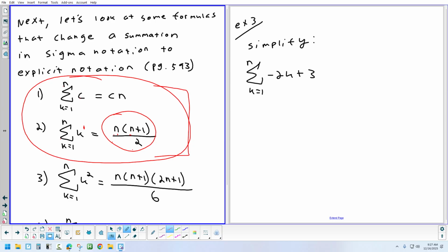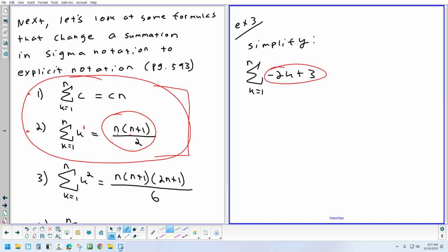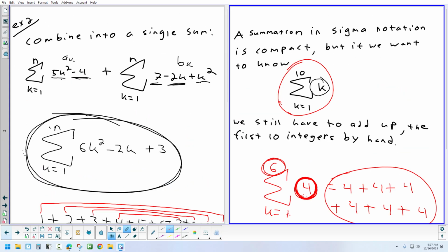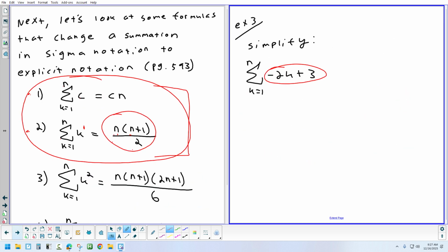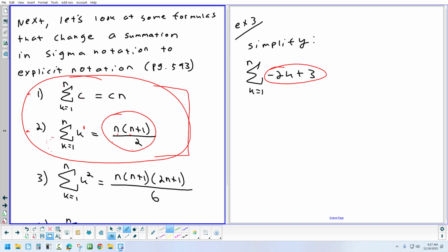Do either one of these formulas directly match what we have on example 3? No. That's because there's multiple things right here. Two different things being added together. But it's still k to the first, so it is probably going to have something to do with this one eventually. And there is a constant right here.